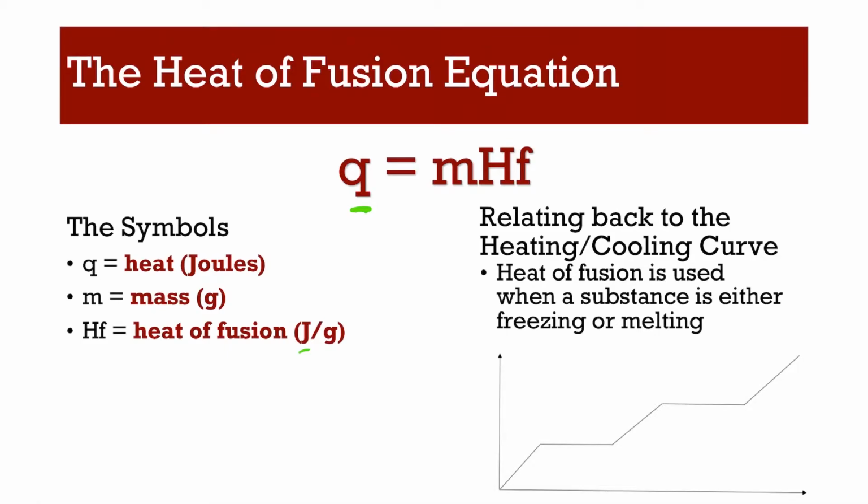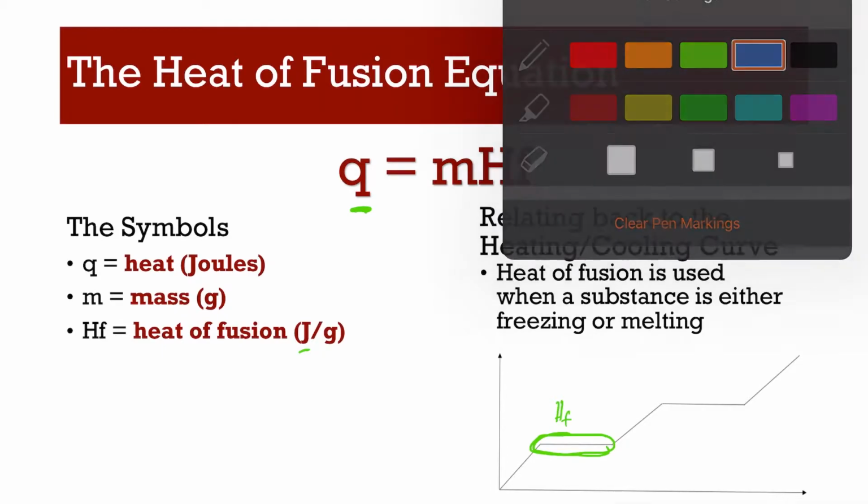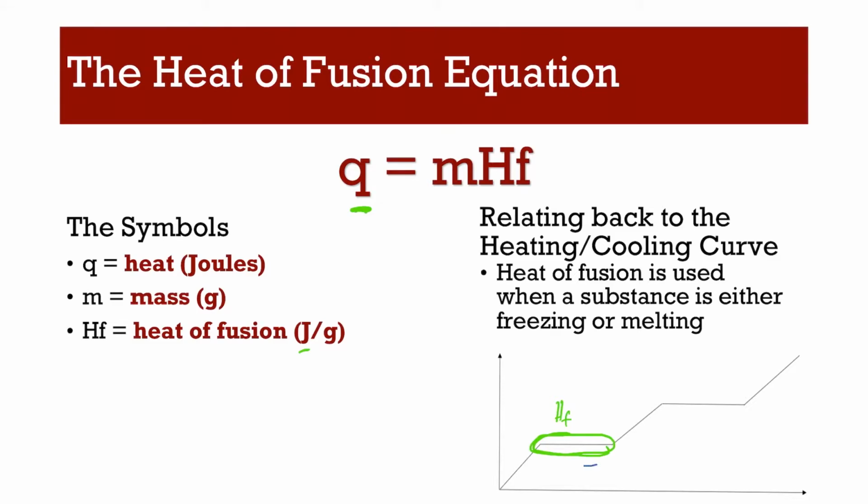And so, if we're going to relate this back to the heating and cooling curve, like we did with the MCAT equation, we use the heat of fusion equation when we're talking about anything that occurs on that first flat line. So remember, anything that happens on this flat line, this is freezing, and it's melting.